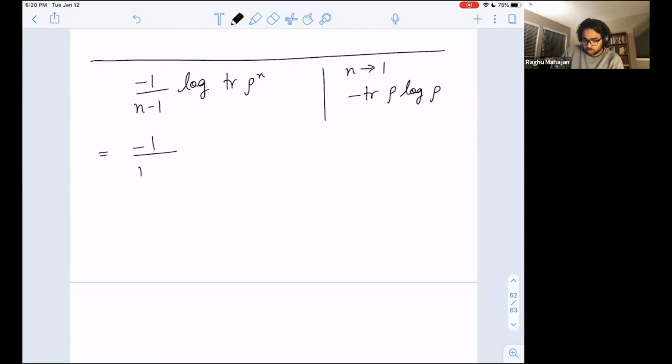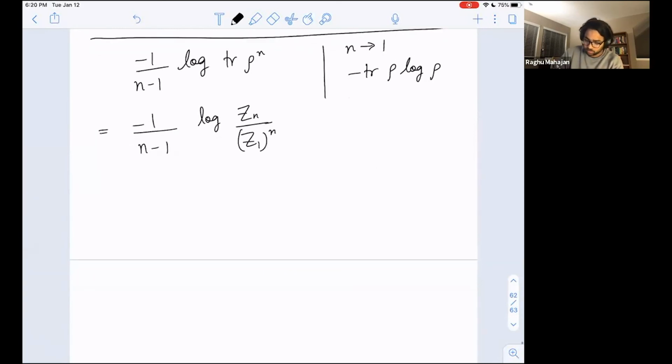So this is equal to 1 over n minus 1 log of Zn over Z1 raised to n, where the Z's are these partition functions with the correct boundary conditions. That's equal to 1 over n minus 1 times log of Zn minus n times log of Z1.